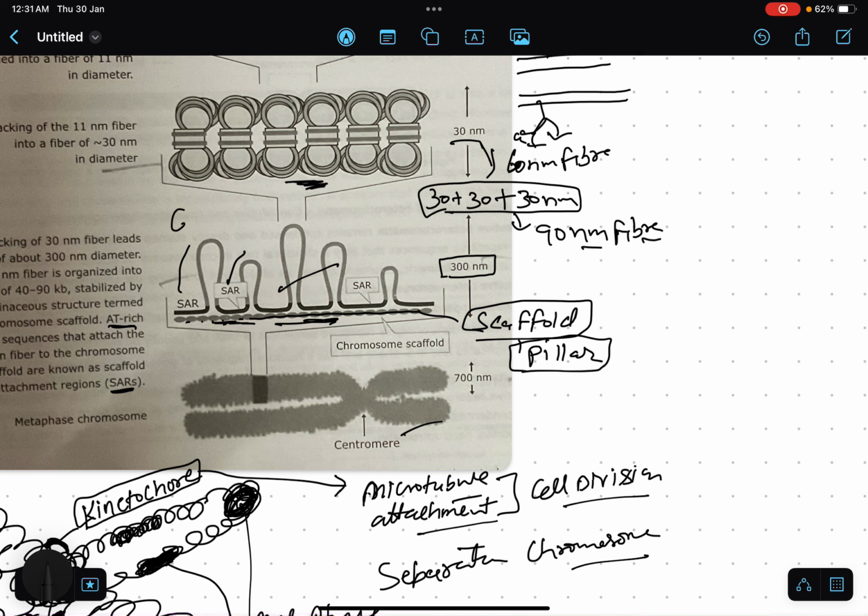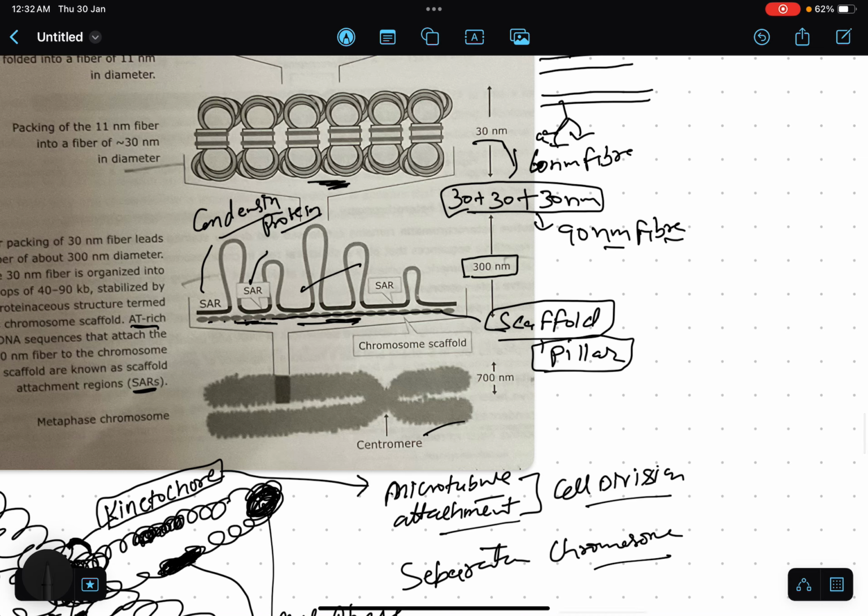They are part of the condensing proteins, and they have further many types, like SMC, structural maintenance of chromosome, etc. There are a lot more proteins.